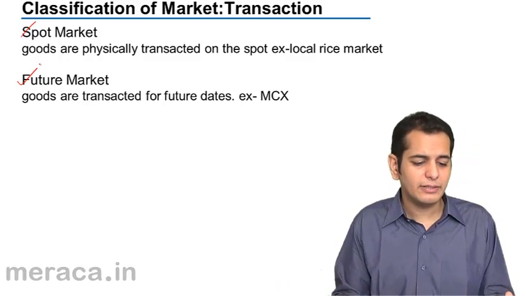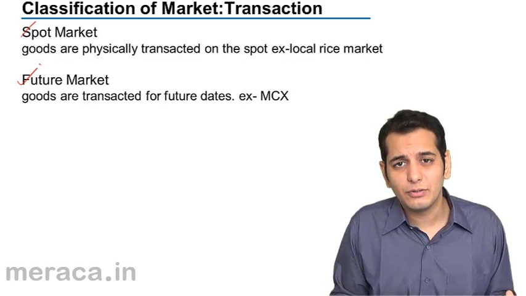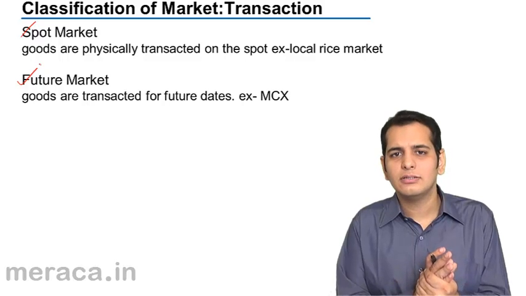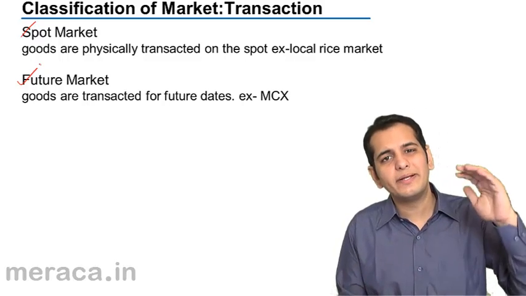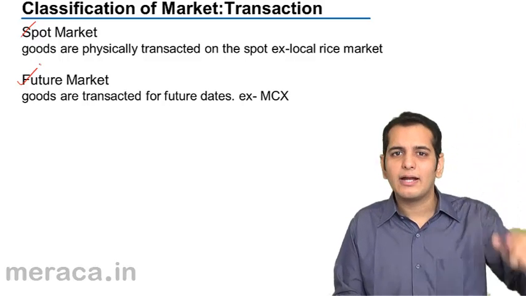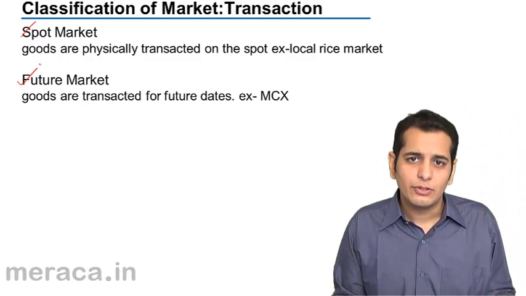So what is a future market? Future market is a market where the goods are traded in future. The agreement is done today for goods to be delivered at a future date, for payment for those goods to be made at a future date.